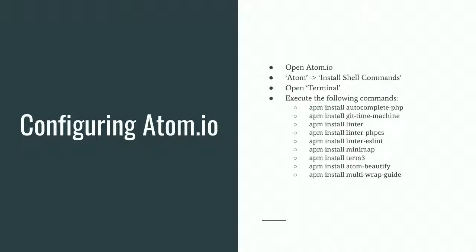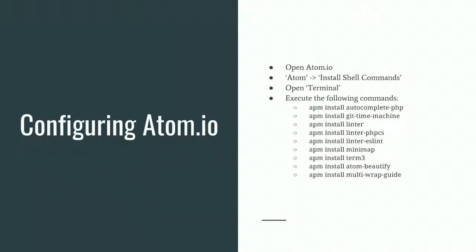So it's really cool. There's a mini map on the right-hand side. There's the iTerm3 that I showcased a second ago for the terminal integration. Atom Beautify, you won't notice many of the things it does, but it kind of smooths out a lot of the weirdness. Not really weirdness. It makes it more crisp in a lot of areas.